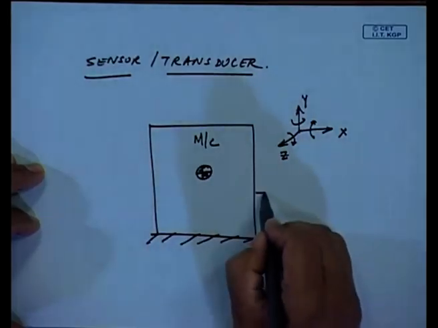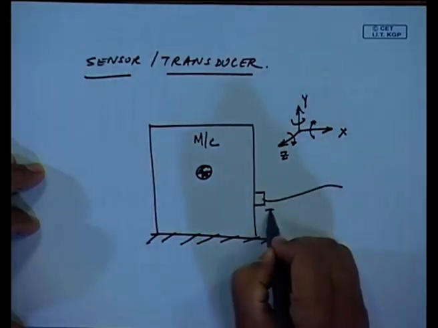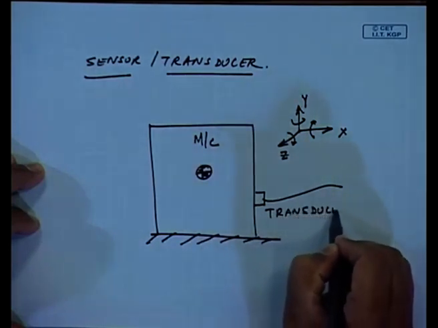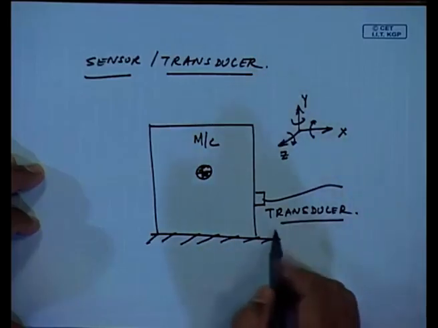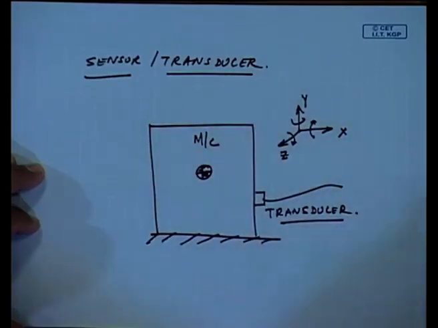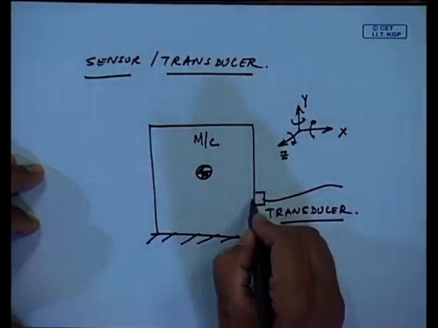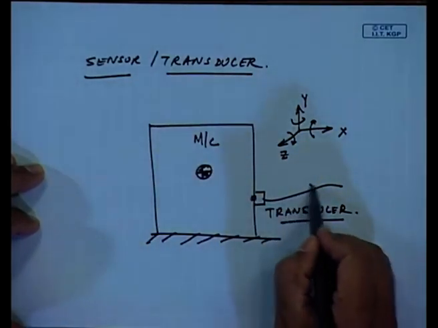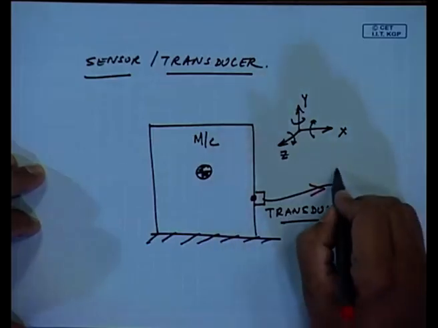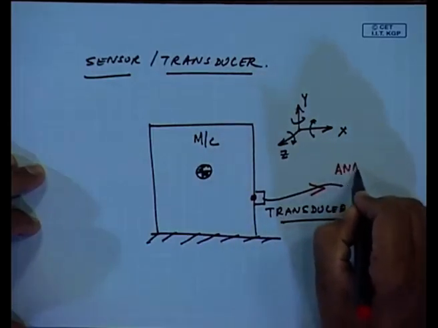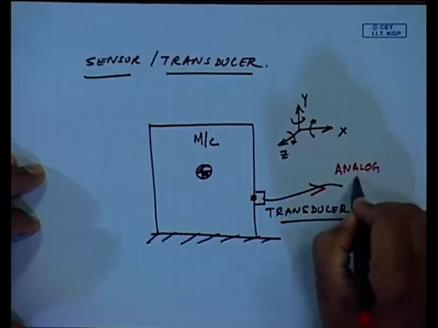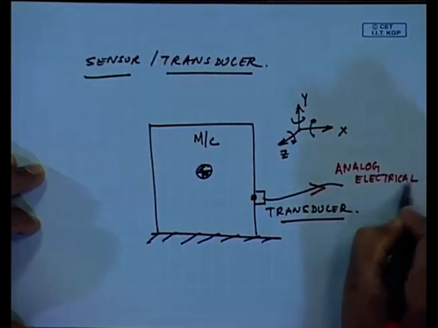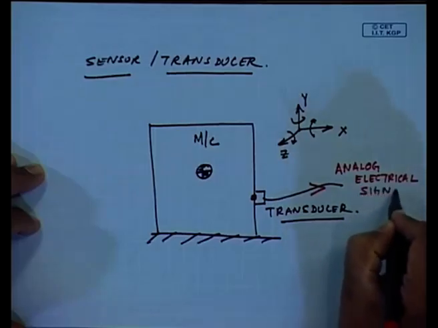And then if we have a transducer, the idea is to capture the motion around one of these points. And essentially this transducer usually gives an analog electrical signal.